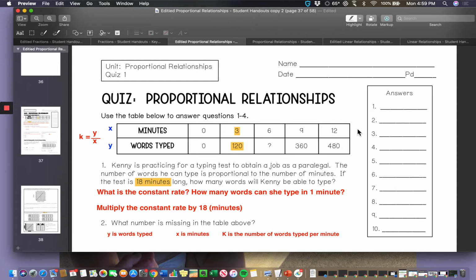But if I take my constant and multiply it by 18, I can figure out how many words he'll be able to type in 18 minutes. So I take K and multiply it by 18 minutes, and that gives me Y, the number of words he typed.